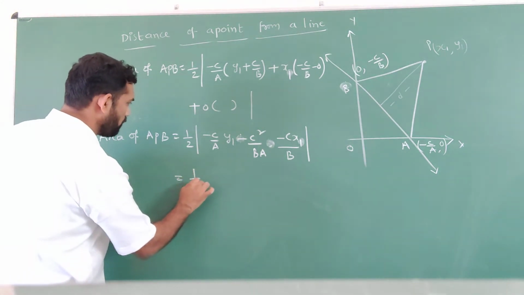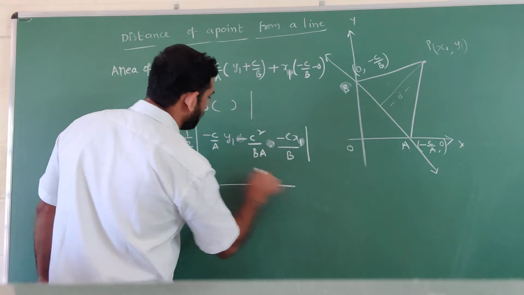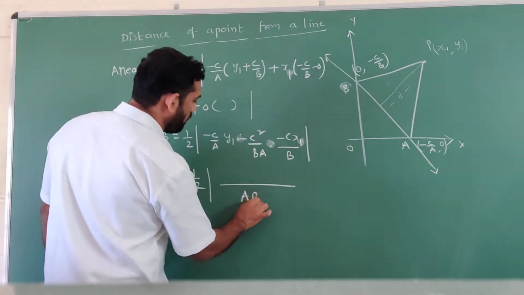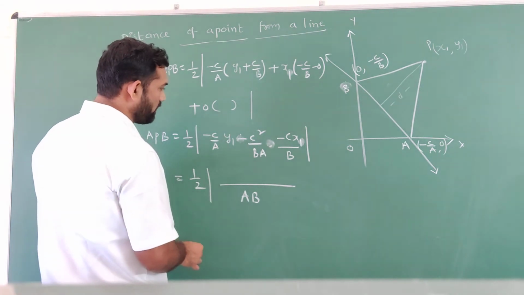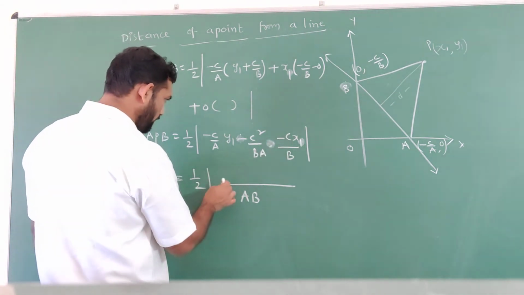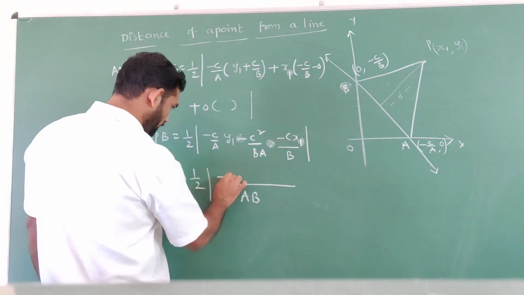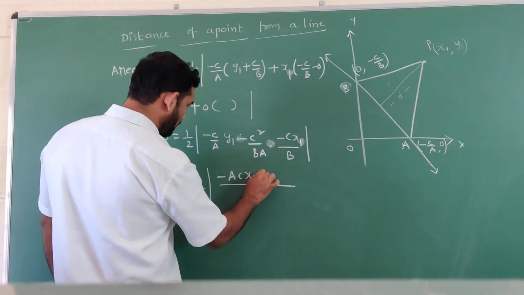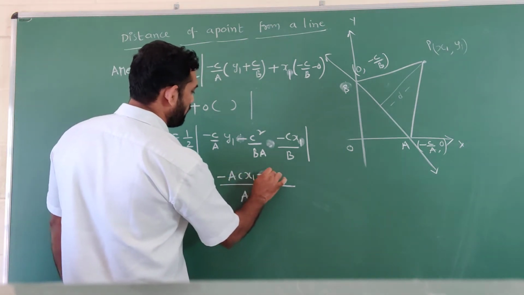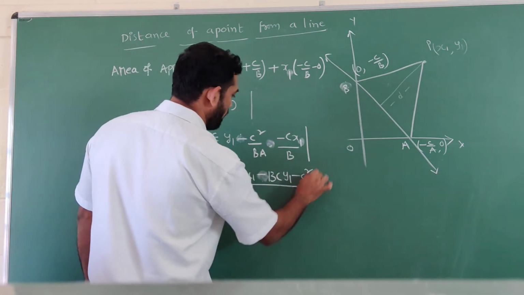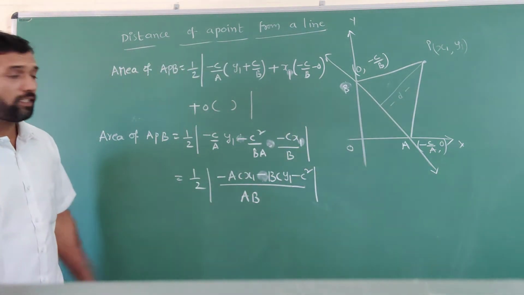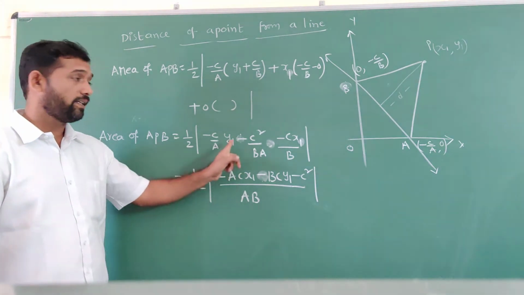So half into modulus, the LCM is AB. What is remaining here? This value is minus AC x1 minus BC y1 minus C square. So take LCM AB, then simplify.